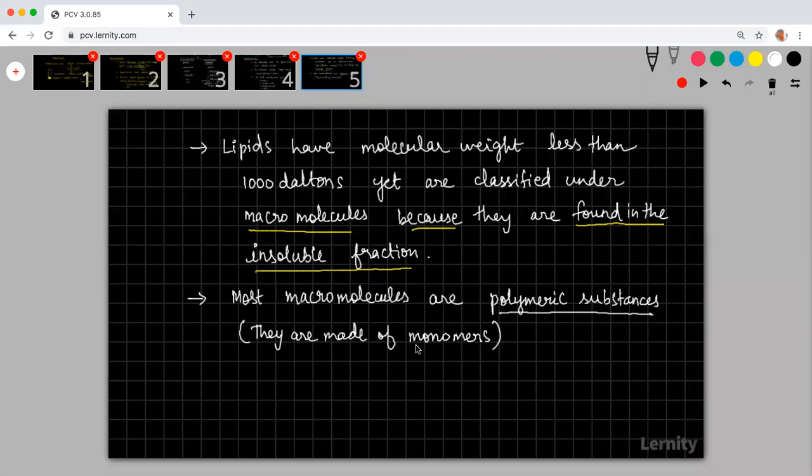Many monomers will join together to form a polymer, with the exception of lipids. So most of these macromolecules are polymeric substances. What is the meaning of polymeric substances? Something which is made up of many monomer units.